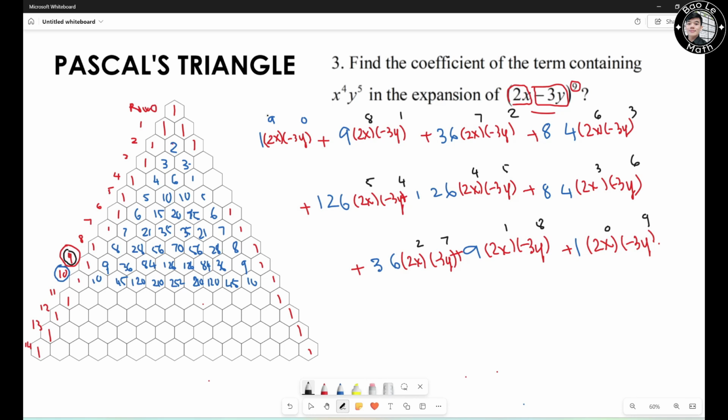So you see that the first term has the power of 9 and the second term has the power of 0. This is where they start and where they end up right here. See that? Alright, so now we need to find the coefficient of the term containing s power of 4 and y power of 5. So we look for s power of 4, y power of 5. So this should be right here.